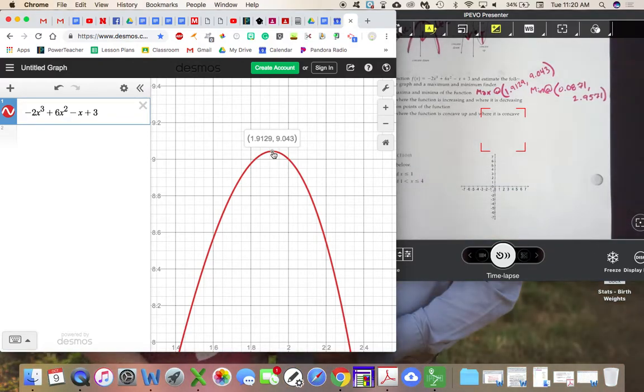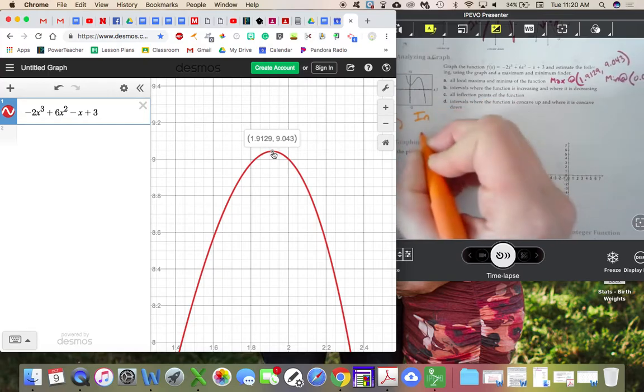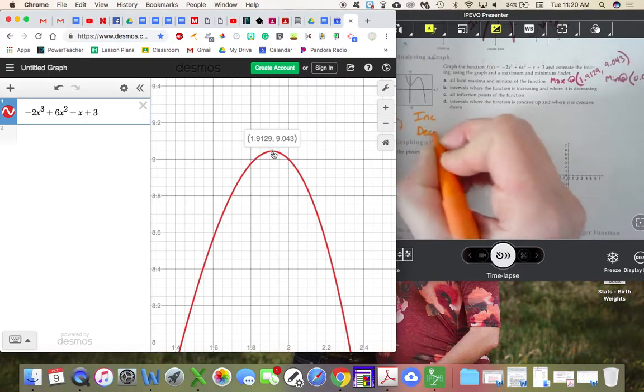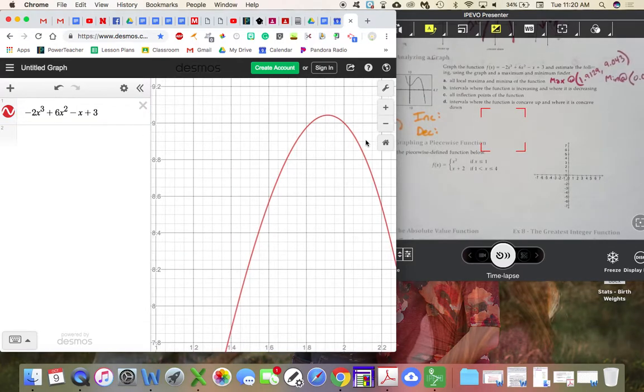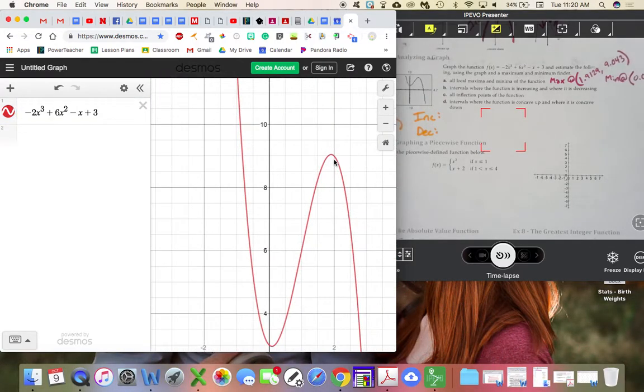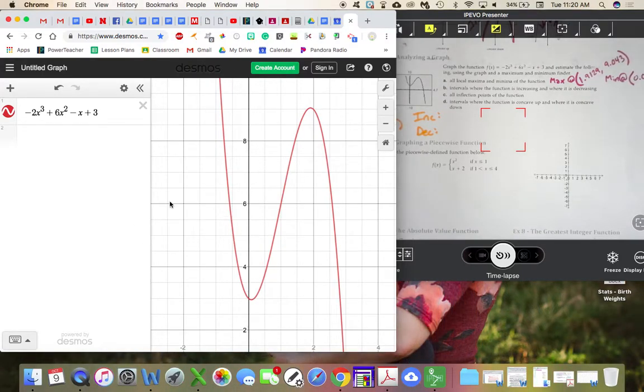Part B, intervals where the function is increasing and intervals where the function is decreasing. I'm going to do that down here. The first thing that's happening left to right is what?